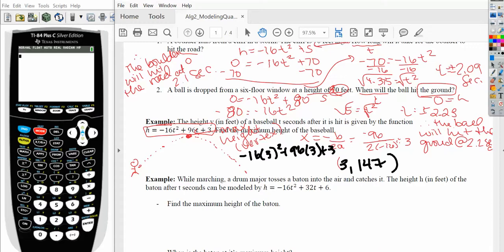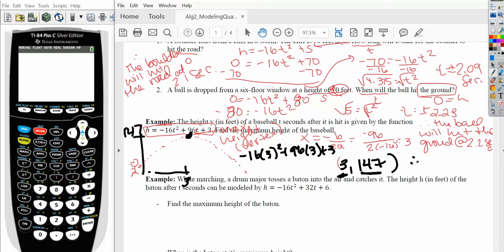So my maximum height is what? That's my vertex, so that's this point right here. This represents x, so if I come over on the x-axis, that's 3. And if I go up on the y-axis, that's 147, right? So x represents time. So at 3 seconds, my maximum height is 147 feet.